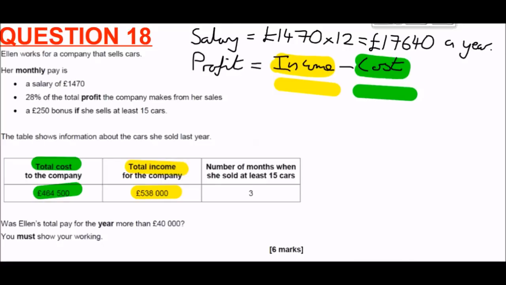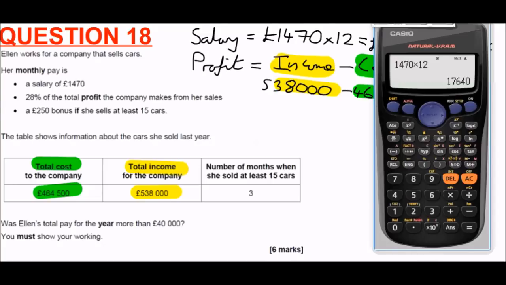And so just doing this calculation, the income 538,000, take away 464,500, and then we can see what that equals. Just for doing this calculation, it's worth a mark. To do a 6-mark question, it's just picking up marks here, marks there.